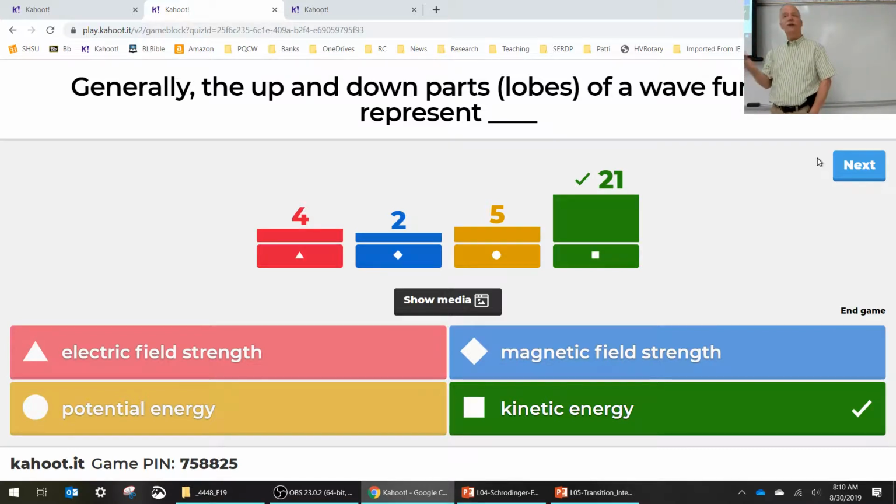And the square of the wave function is called what? Vocabulary word. There's one word really associated with it. It should be two, but the square of the wave function is associated with what?